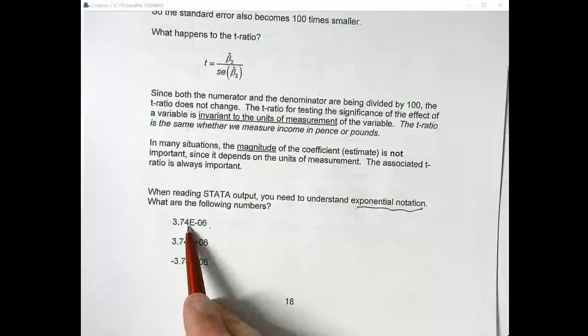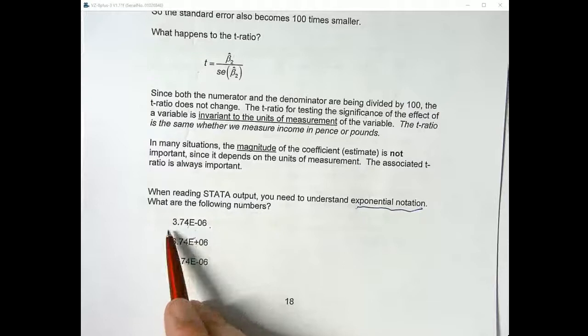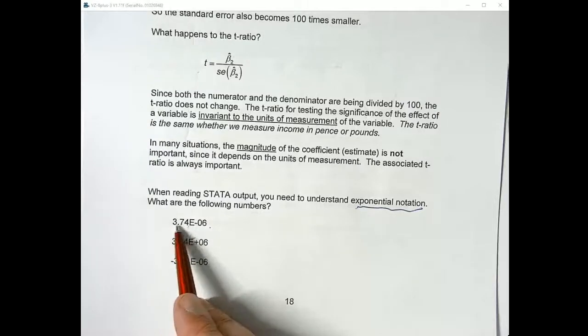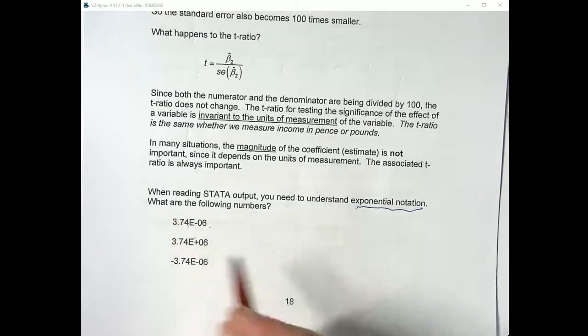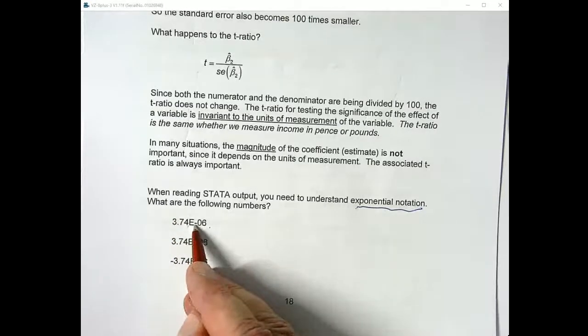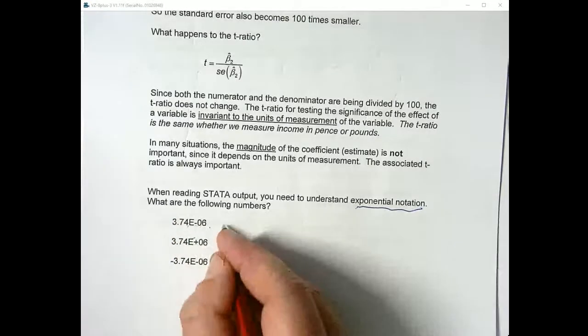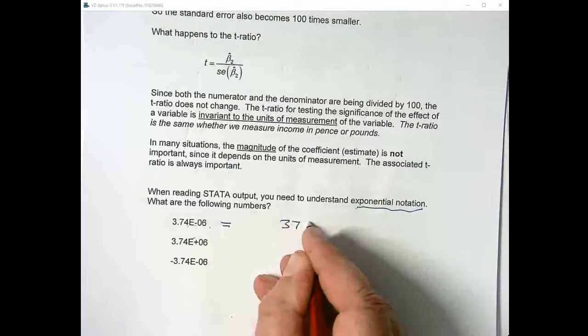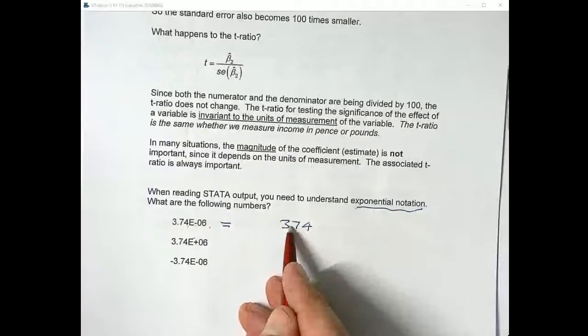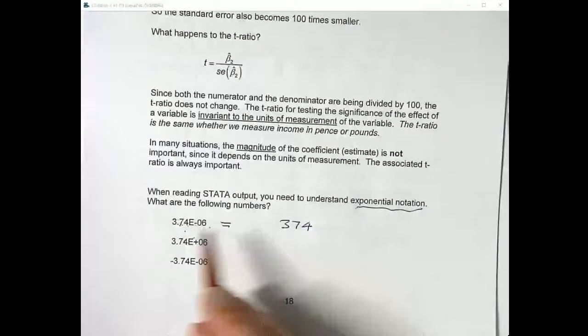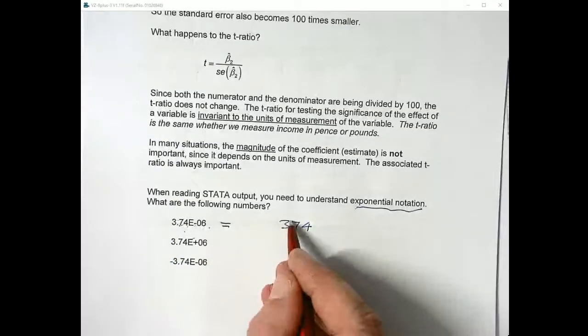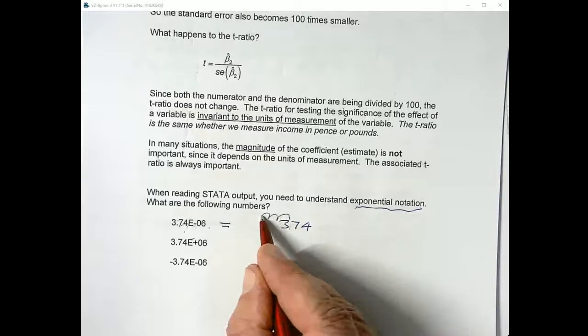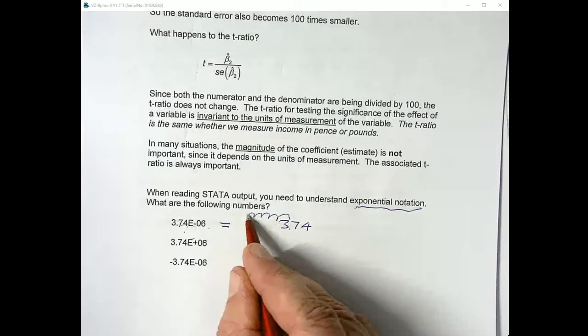That is not 3.74. It's 3.74 with the decimal point shifted 6 positions to the left, to the left because that's a minus. Take the numbers that you start with, and the decimal point starts there, but we're shifting it 6 positions to the left. 1, 2, 3, 4, 5, 6.